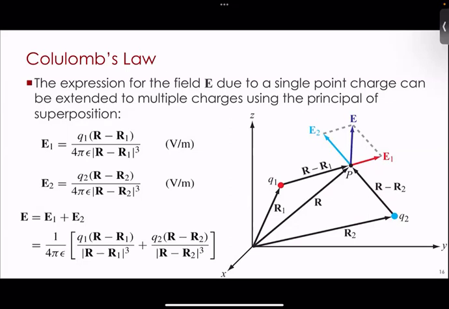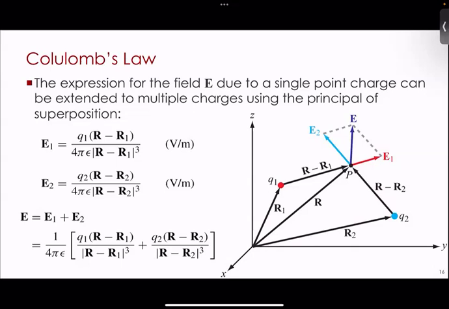We care about one particular point P. At the point P, the electric field is pointing in the direction of E1. Then we've got Q2. Q2 also has an electric field going away from it in all directions, but we only care about P. That results in the cyan, light blue E2. The total result is the vector sum of those, which is E in the blue or purple, okay?